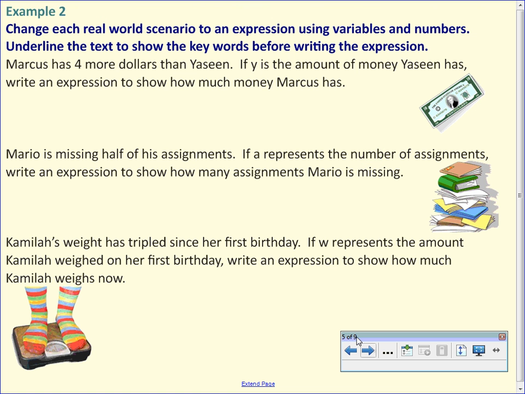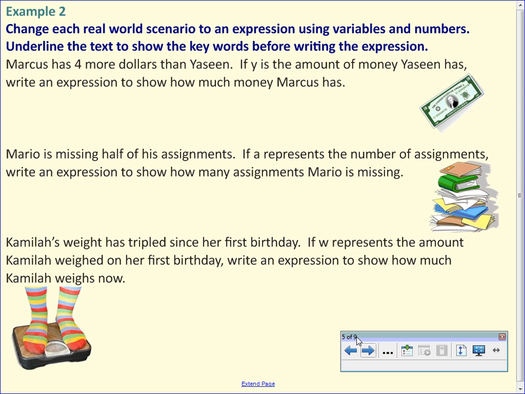We're going to continue practicing this with real-world examples, to create an expression using variables and numbers. You should always make sure that we underline the text to show the key words before writing the expression. So Marcus has $4 more than Yasin.